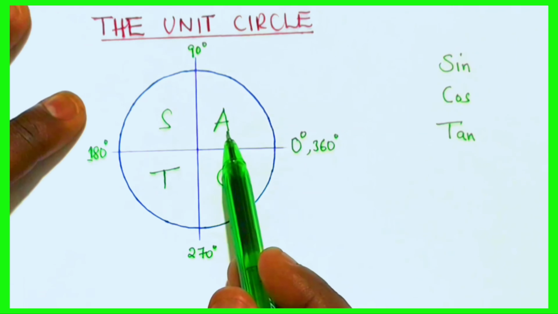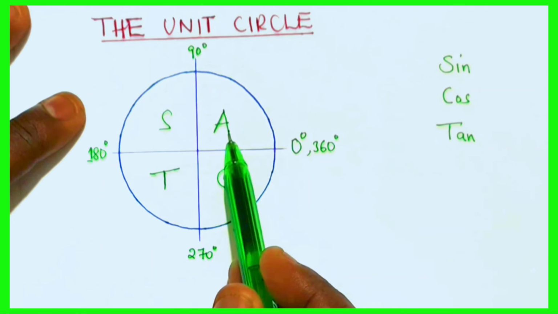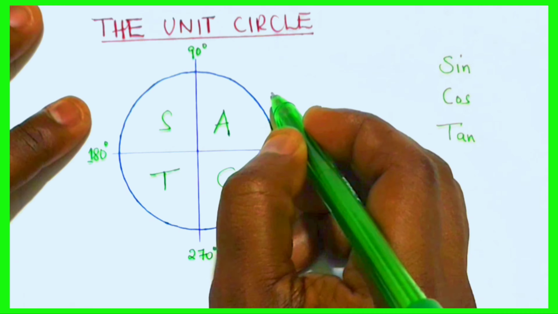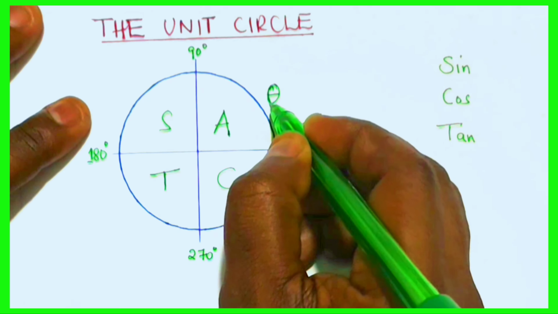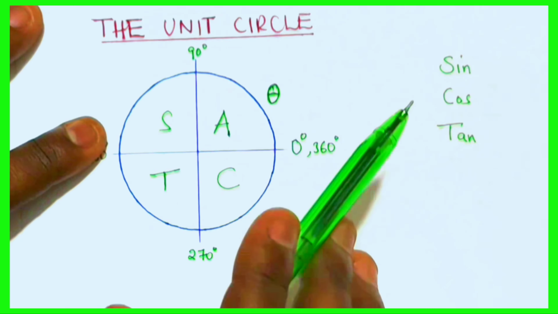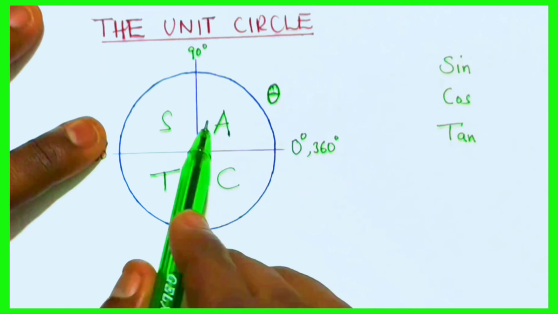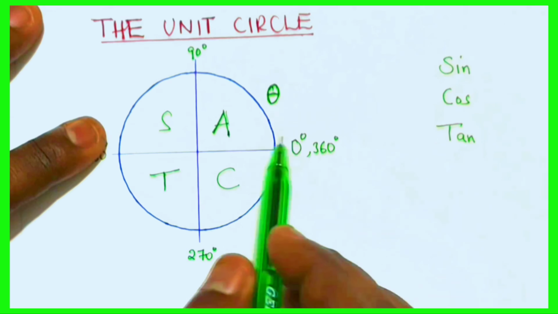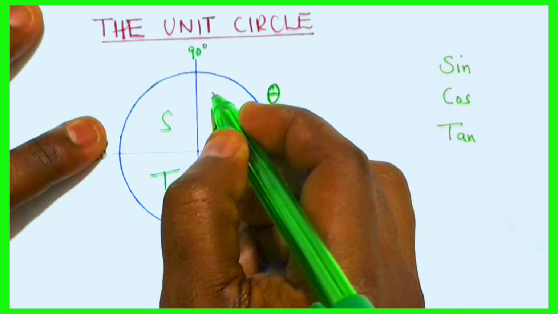So the letter A here represents All. Here we are dealing with theta, and sine, cosine, and tangent are positive. That's why we say that All represents sine, cosine, and tangent being positive in the first quadrant.